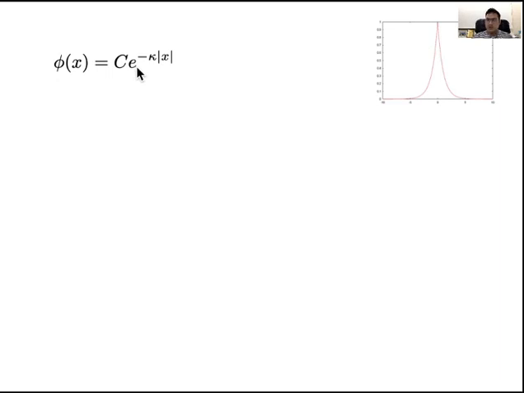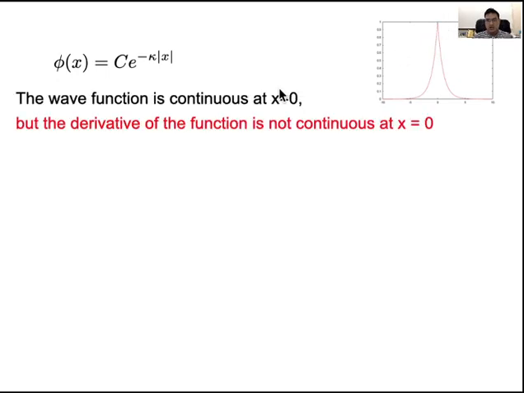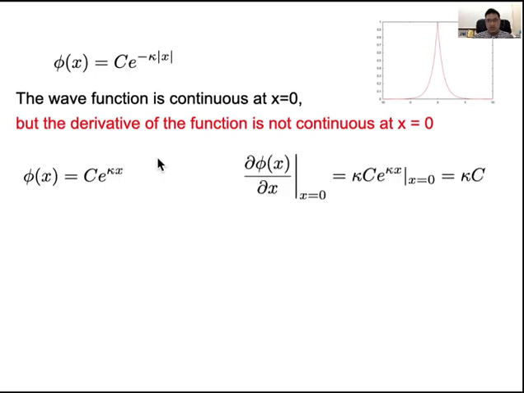Then you will see there is an important issue with this in quantum mechanics: this wave function at x equal to 0 is continuous, no doubt about it, but the derivative of the wave function is not continuous at x equal to 0. What I mean is, let's take this wave function, which is our wave function when x is positive. I can take its derivative, and once I substitute x equal to 0, I will get minus kappa c.